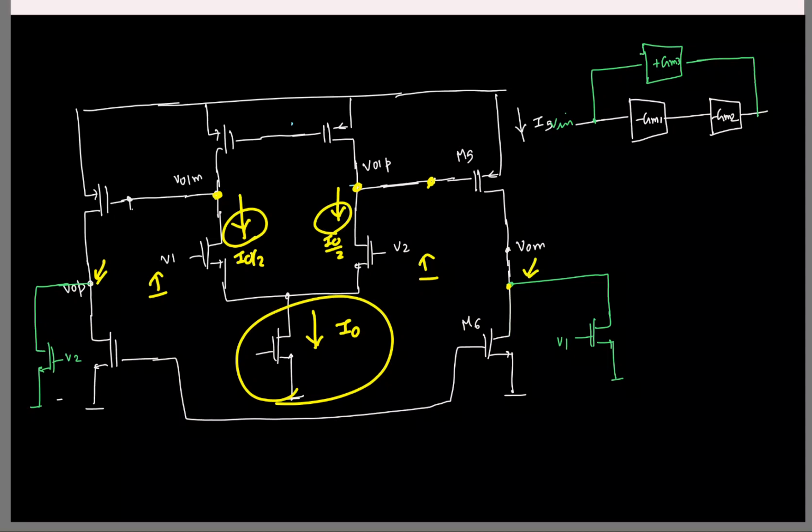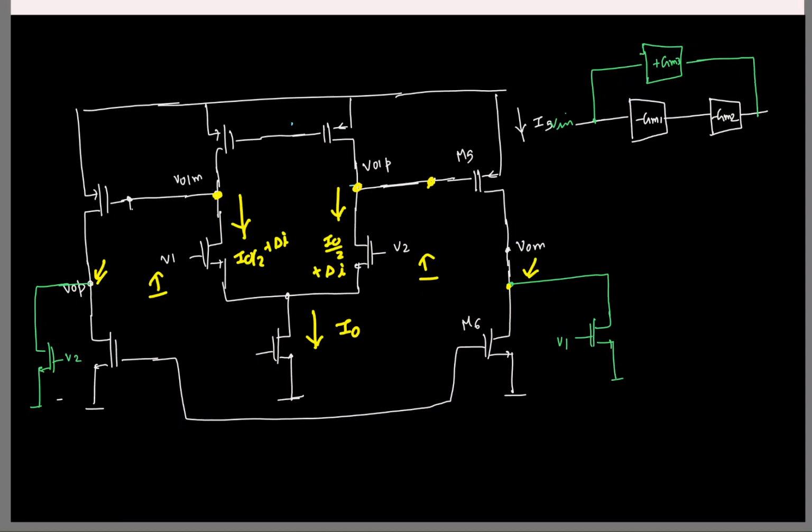Okay. So now let us say I increase both V1 and V2. Then what can you say about these currents? Okay, you are saying they'll increase. So if this increases by some delta I and both of them increase by delta I, so what can you say about delta I then?